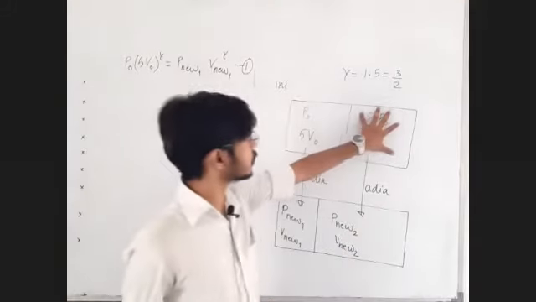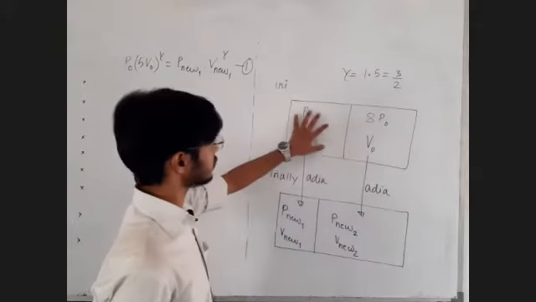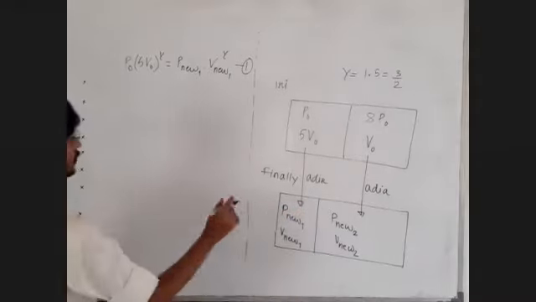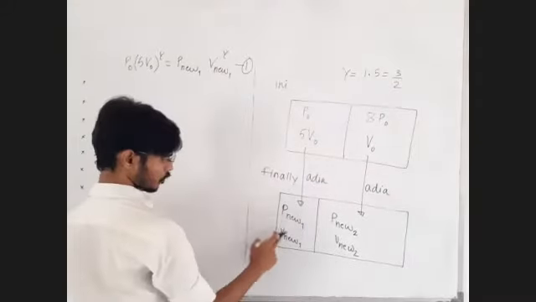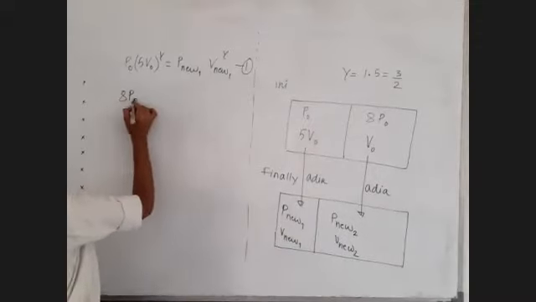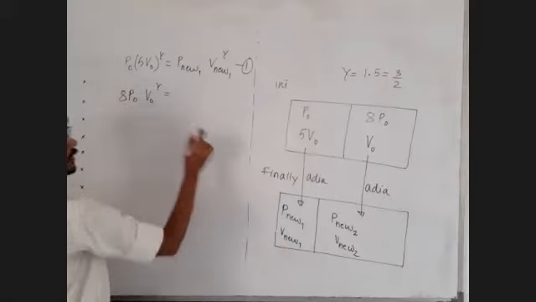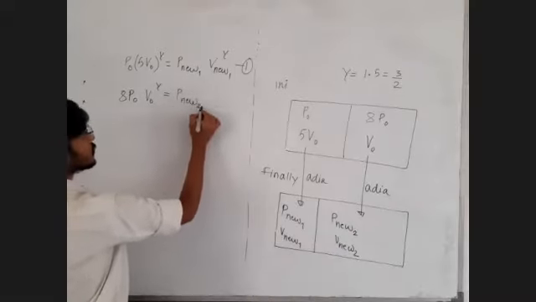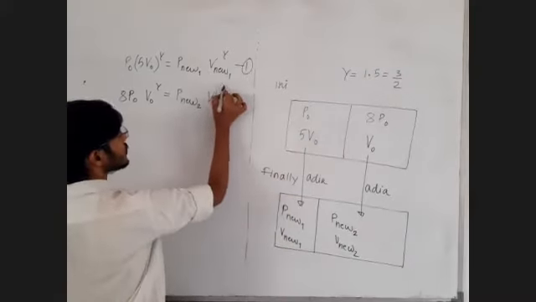Now for this compartment, this compartment is expanding adiabatically. This is adiabatic expansion, and this compartment is compressing adiabatically. So this is adiabatic compression. For this compartment, P1 V1 raised to gamma is equal to P2 V2 raised to gamma. Similarly, P1 is 8 times P0, V1 is V0, so 8 P0 V0 raised to gamma is equal to final pressure into final volume raised to gamma.